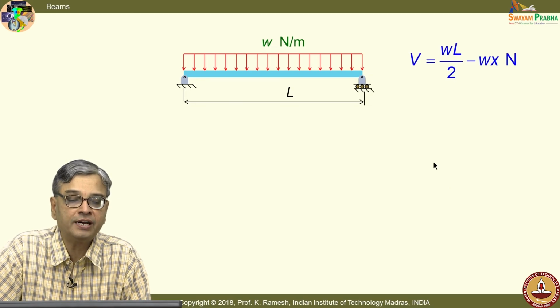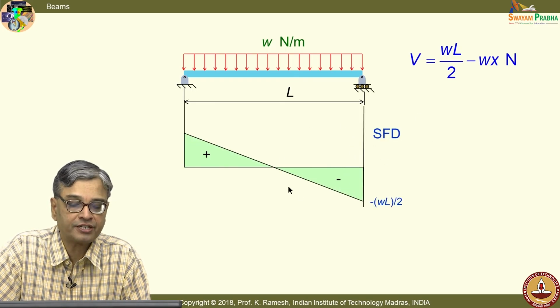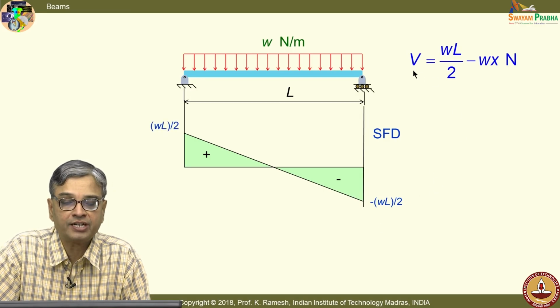And as I told you earlier, you will have to plan your answer script in such a manner: below the loading diagram, draw the shear force, and below the shear force, draw the bending moment diagram. And shear is varying linearly. So, I have a linear variation like this, and it crosses 0 at this point.